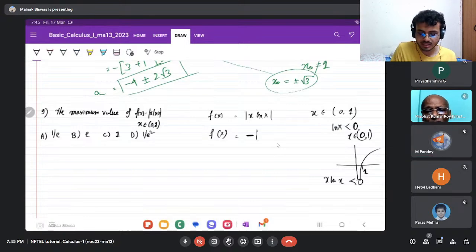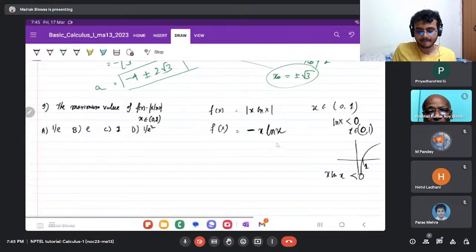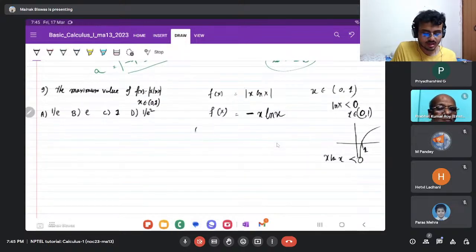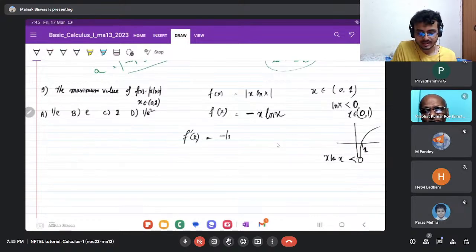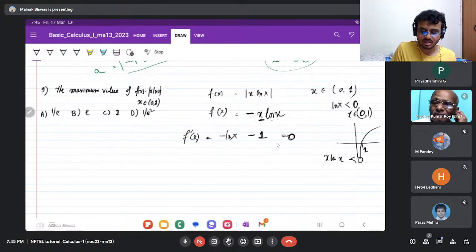So you will add a minus to make it positive, minus x log x. Just take the derivative now and see, then we'll see the plot. f dash x is equal to minus log x minus 1, equal to 0. So UV rule: I differentiate x, I get log x; I differentiate log x, I get 1 by x, and 1 by x into x cancels to get 1.